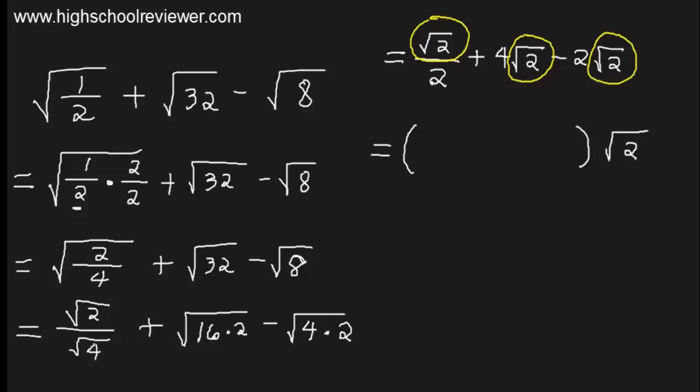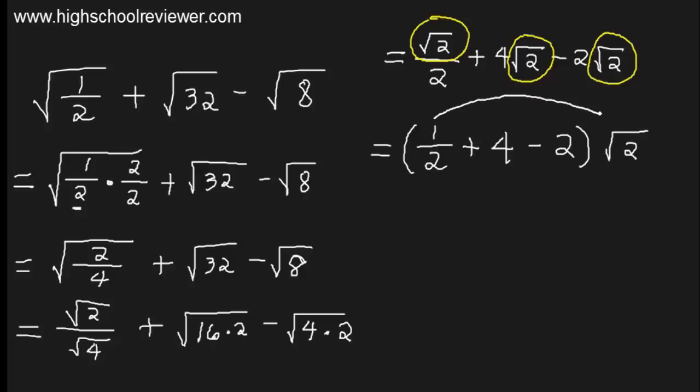So square root of 2 divided by 2 and divided by the square root of 2, what will be left here will be 1/2 plus 4 square root of 2 divided by square root of 2. So what will be left will only be 4 minus 2 square root of 2 divided by square root of 2. What will be left here will be minus 2.